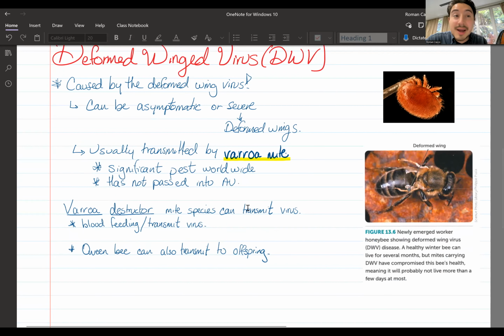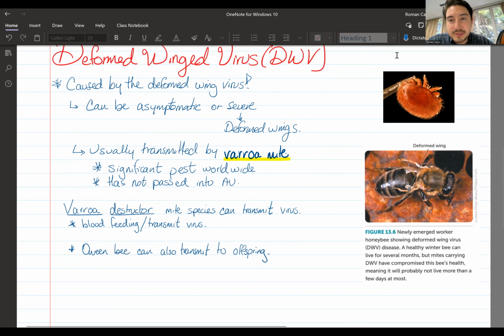Interestingly, this mite itself has been very well controlled in Australia, so you don't see this that often, but there have been some cases. The actual scientific name is Varroa destructor. They could transmit this virus with a form of transmission similar to mosquitoes, which is blood feeding.